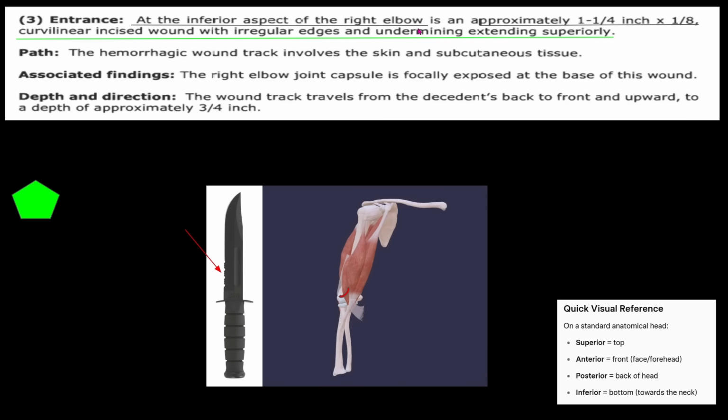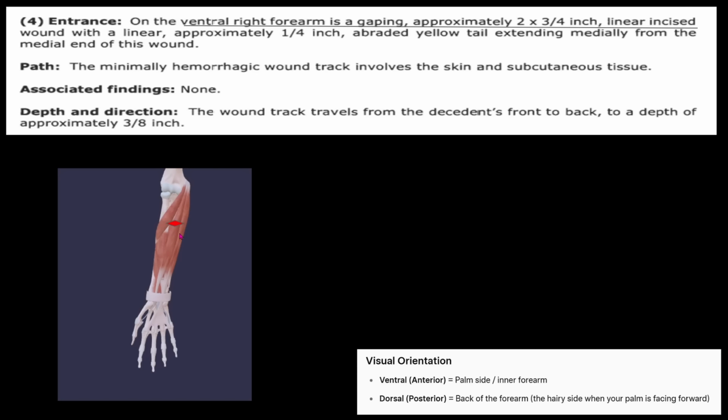The inferior aspect of the right elbow has a curved linear incised wound, again with irregular edges, indicating a serrated blade, 3/4 of an inch deep. So again, on the arms, you can pretty much guarantee these are going to be defensive wounds by Xana.